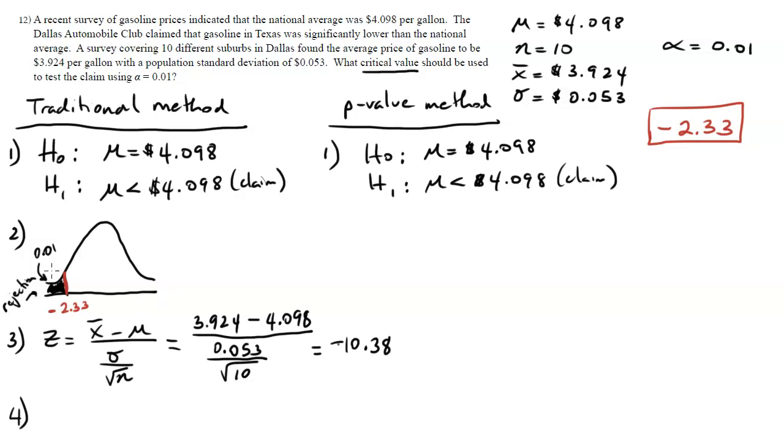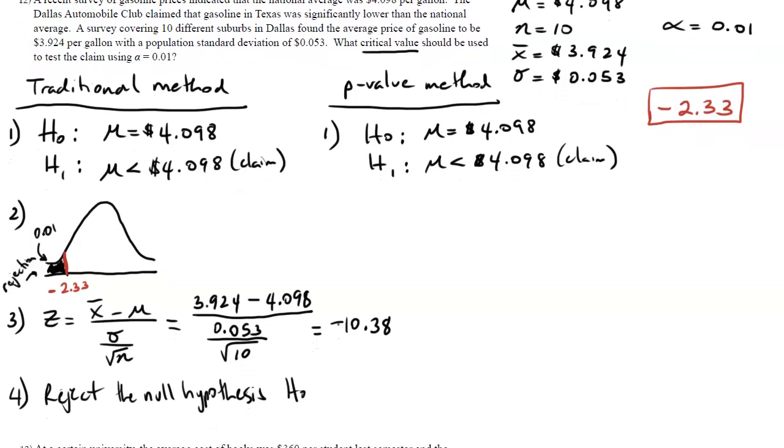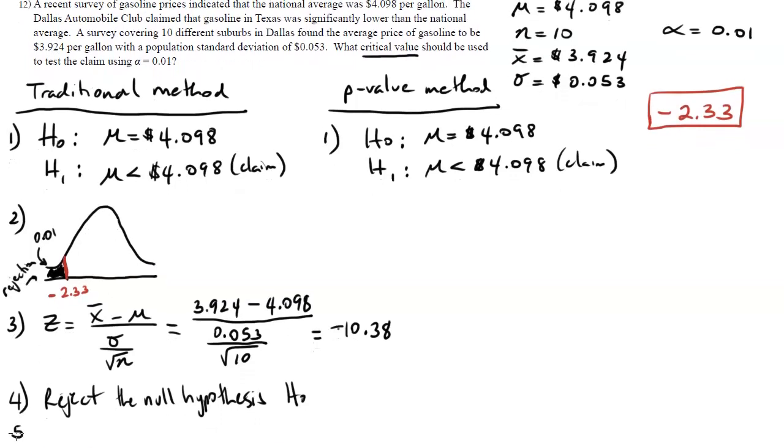If it falls in the rejection region, reject the null hypothesis. So negative 10.38 is definitely less than negative 2.33. It's in here. So the decision is to reject the null hypothesis. Reject H sub 0.